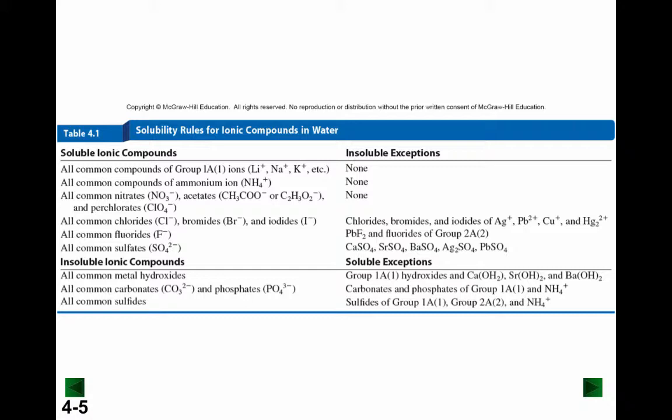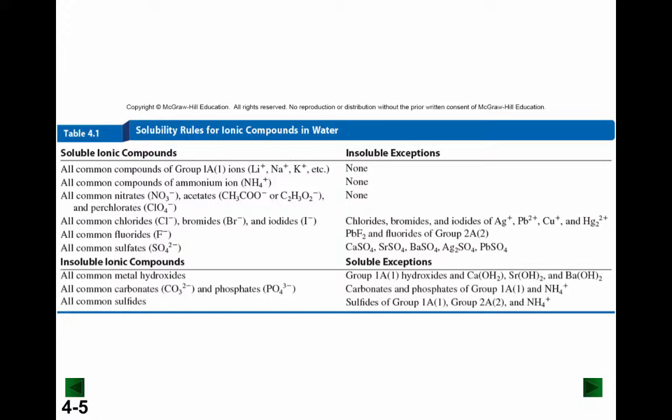The next 3 rules pertain to those ionic compounds that will always be insoluble in water and the exceptions to these rules. The first rule states that all compounds that contain the hydroxide ion are insoluble except those with group 1 metals and the larger members of group 2 metals beginning with calcium.